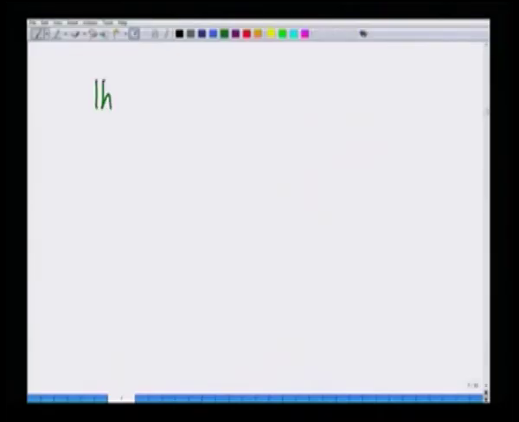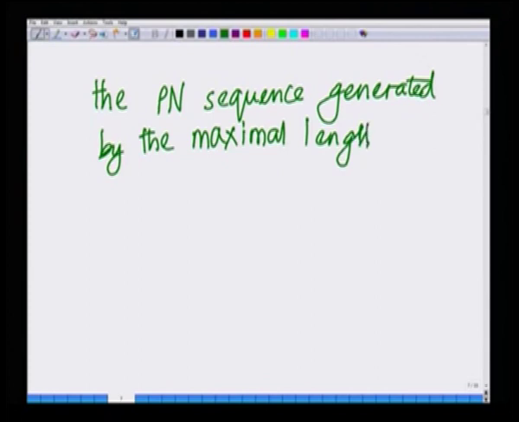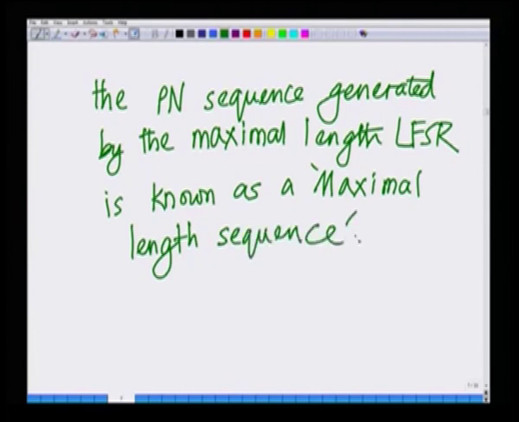So the PN sequence generated by the maximal length LFSR is known as a maximal length sequence.